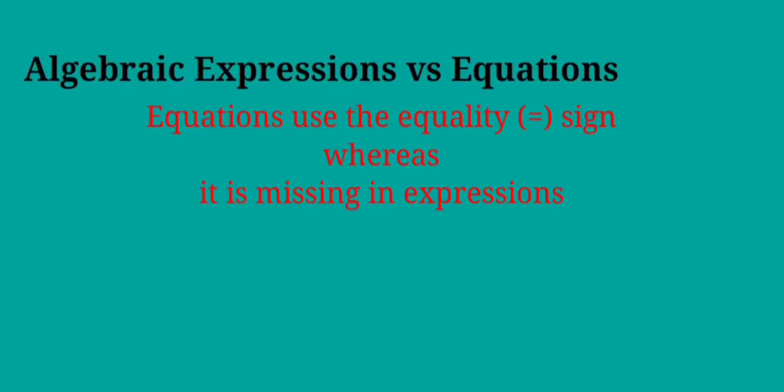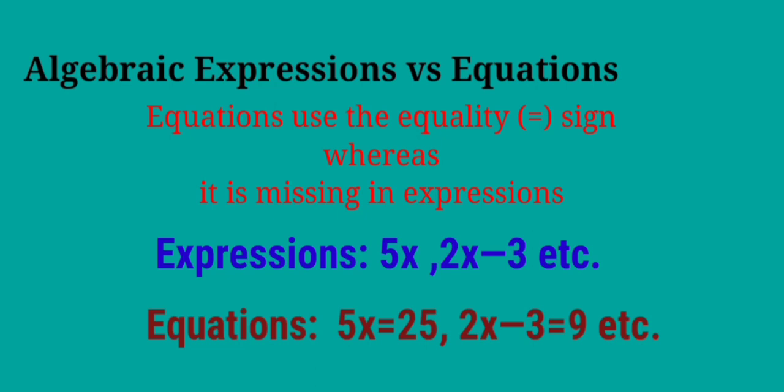Now students, our next topic is algebraic expressions versus equations. The basic difference is that equations have the equality sign, meaning they have two sides, left hand side and right hand side, whereas algebraic expressions do not have the equality sign. Let us see some examples.